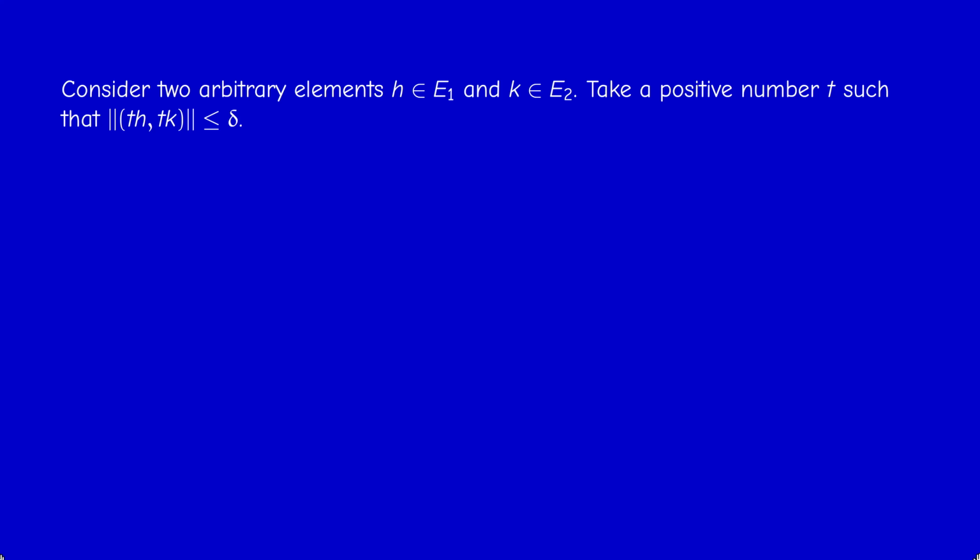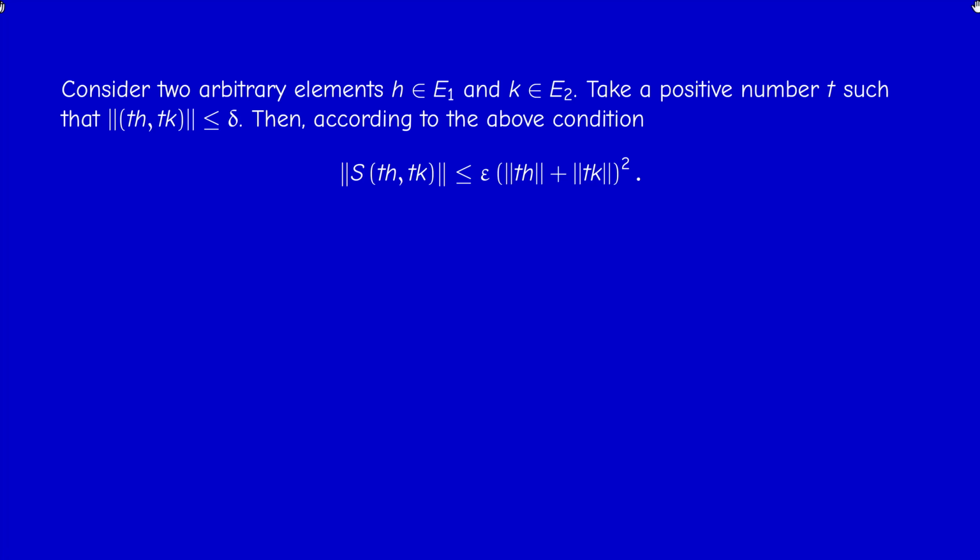If h is 0 or k is 0, then any t would do. Or if both h and k are 0, then any t would do, because you get 0 less than delta. But if one of them is not zero, then it's enough to take t less than delta over the norm of (h,k).